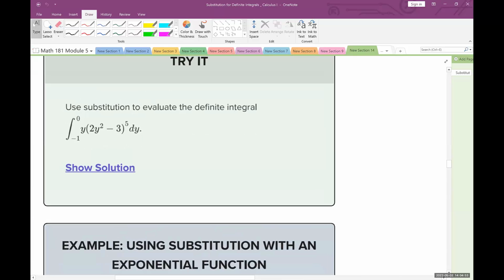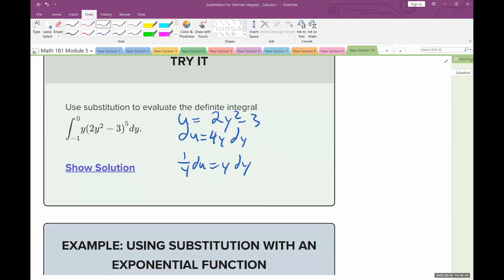What would you choose your u to be in this case? 2y squared minus 3, good. So our du would be 4y dy. So 1/4 du equals y dy, because there's no 4 there.